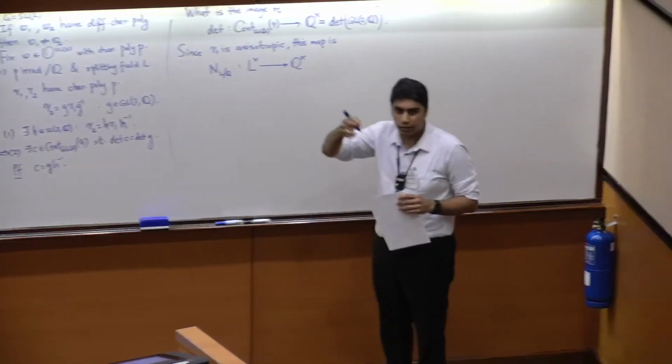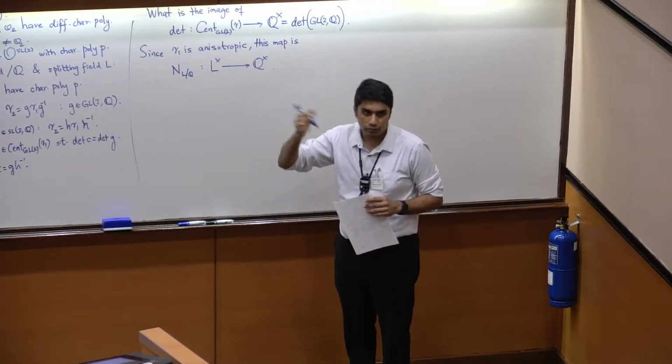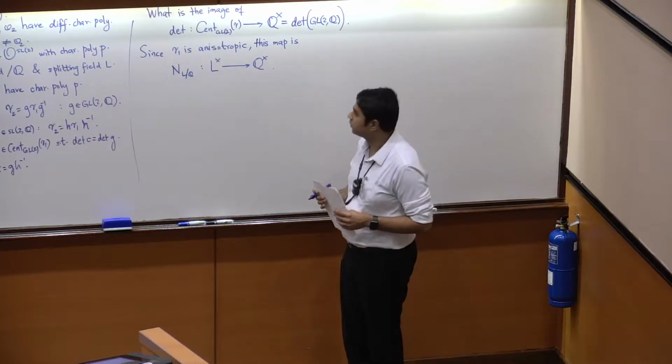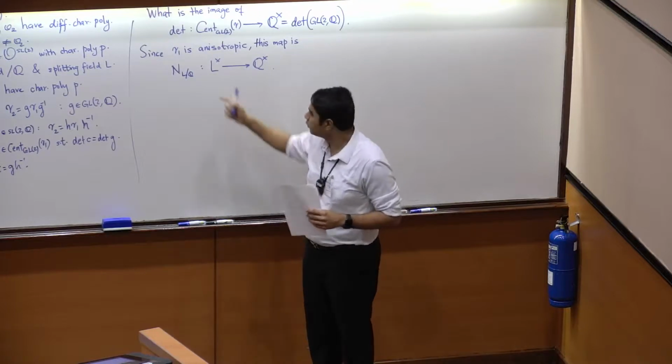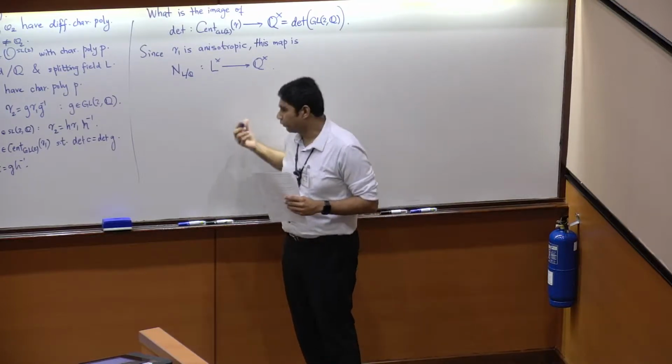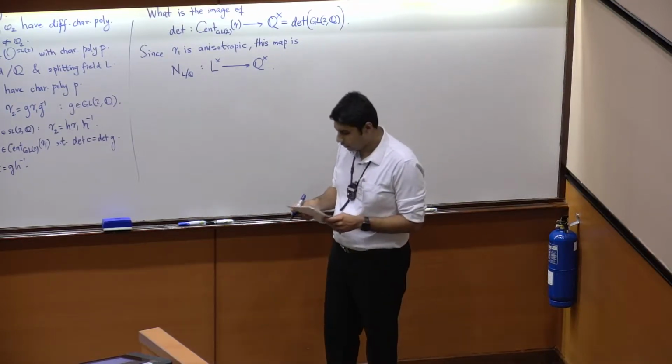Because these are elements like A, B, minus B, A, where A square minus B square is 1, and those kinds of elements, okay? So this is exactly the norm inside that quadratic extension. And I want to know whether it's surjective or what the co-kernel is. I'm interested in the co-kernel.